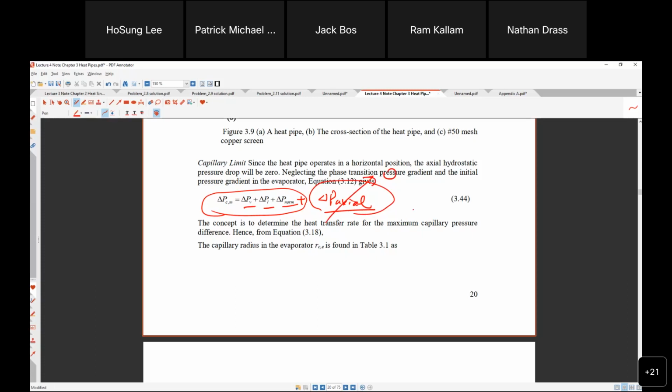Because it's horizontal. Yes, yes. So the angle is 0. Okay. So sine phi is 0.